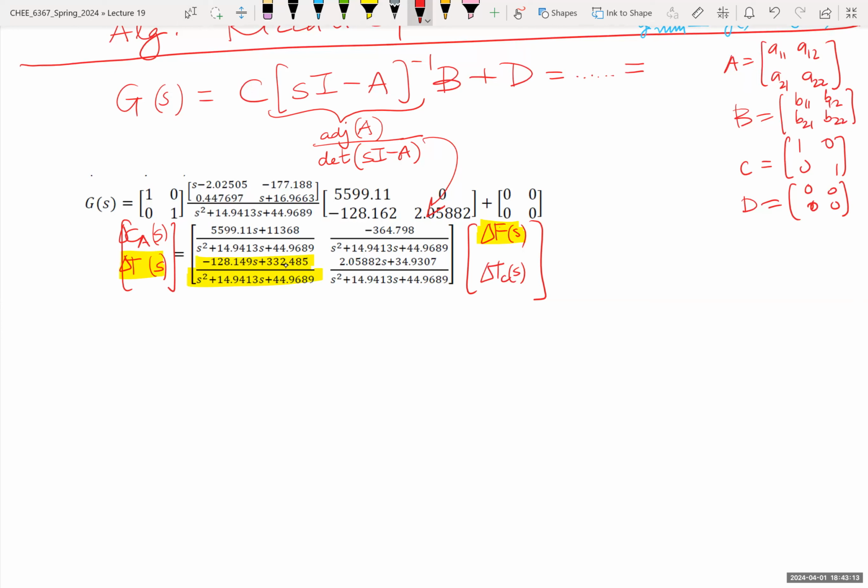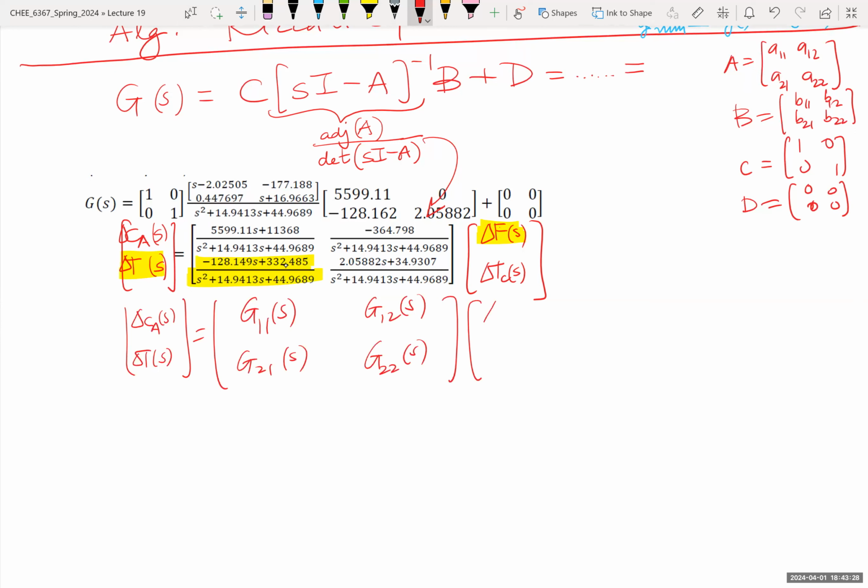Delta CA, delta T in the S domain is G11 of S, G12 of S, G21 of S, G22 of S, times delta F of S, delta TC of S. And if I expand all this, delta CA equals G11 delta F plus G12 delta TC, and delta T equals G21 delta F plus G22 delta TC.